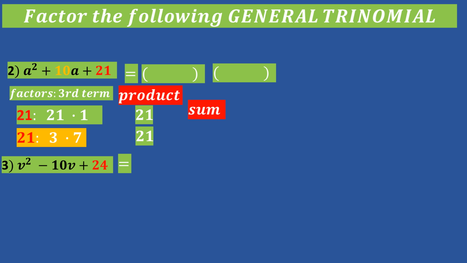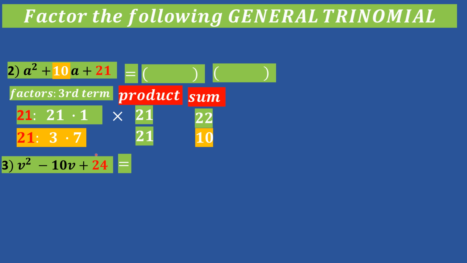So 21 plus 1 gives us 22. Then 3 times 7 gives us 21, and 3 plus 7 gives us 10.